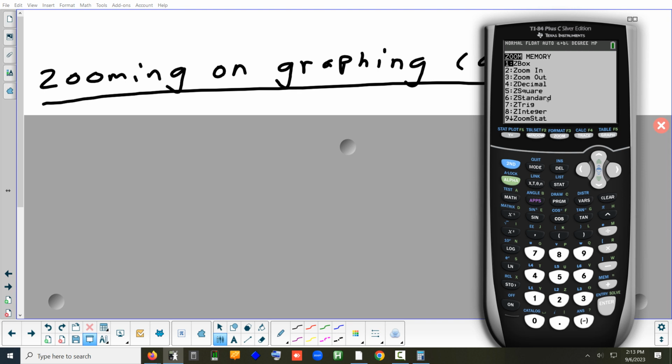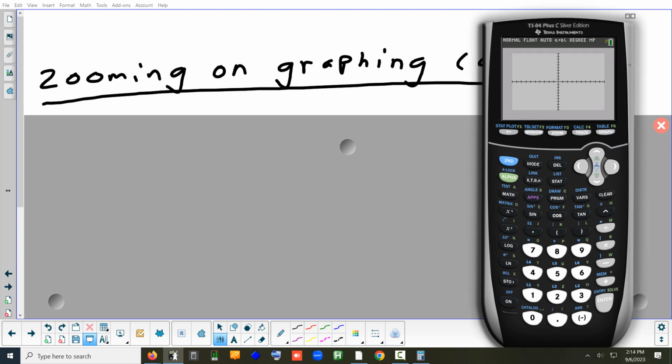What zoom 6 does is it sets a window that goes from -10 to 10 on the x-axis and -10 to 10 on the y-axis. That's the size of the screen it'll set. So we're going to go zoom 6. You're going to see in the upper right-hand corner a little yellow circle spinning. When it's done spinning, it's done doing what it wanted to do.